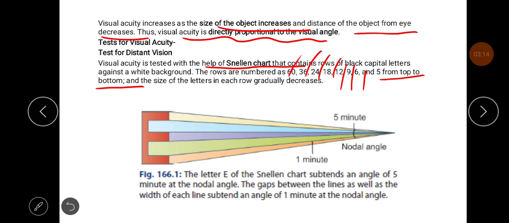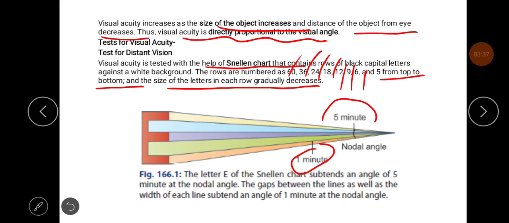The size of the letters of each row gradually decreases. The entire letter should subtend an angle of 5 minutes at the nodal point, whereas each arm subtends an angle of 1 minute at the nodal point. That is how the letters are constructed.